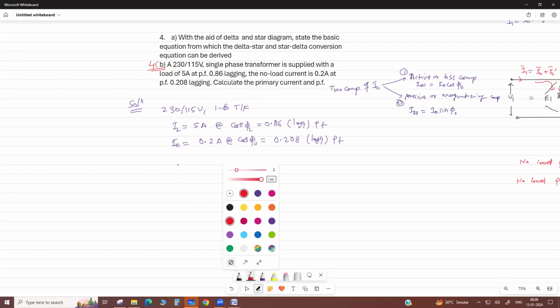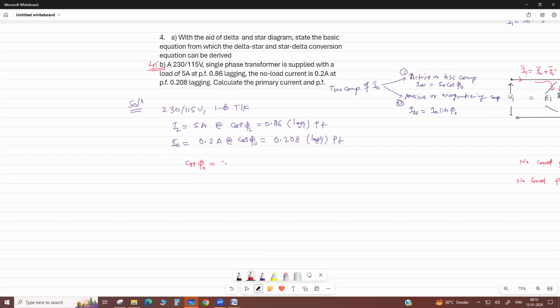Okay. So now if cos phi naught is 0.208, then phi naught is cos inverse of this. Tell me what is the angle. 0.208. The angle is large, it comes 78 degree.